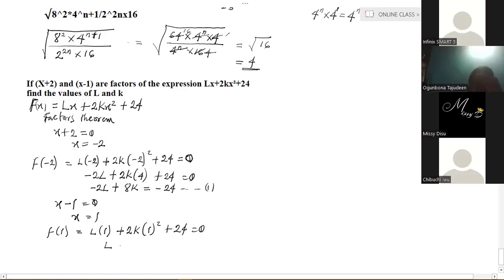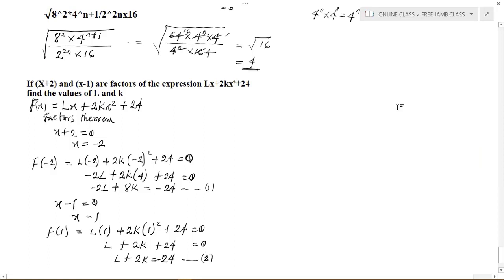We have L plus 2k plus 24 equals 0, so L plus 2k equals minus 24. That's equation 2.